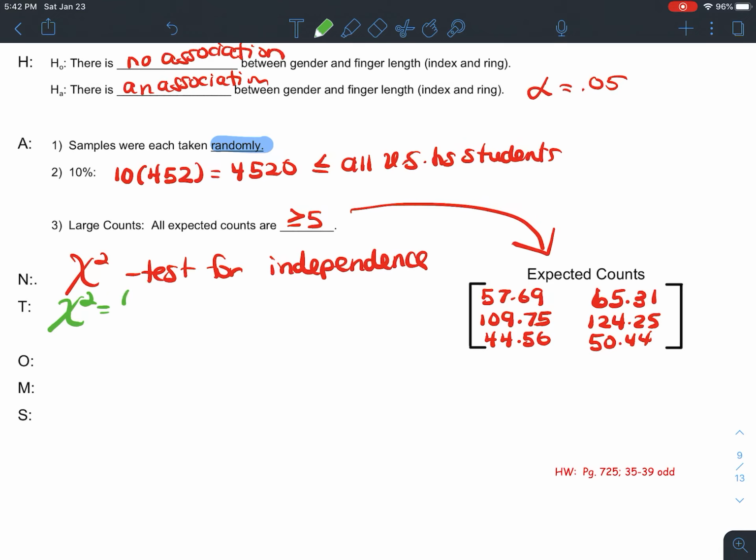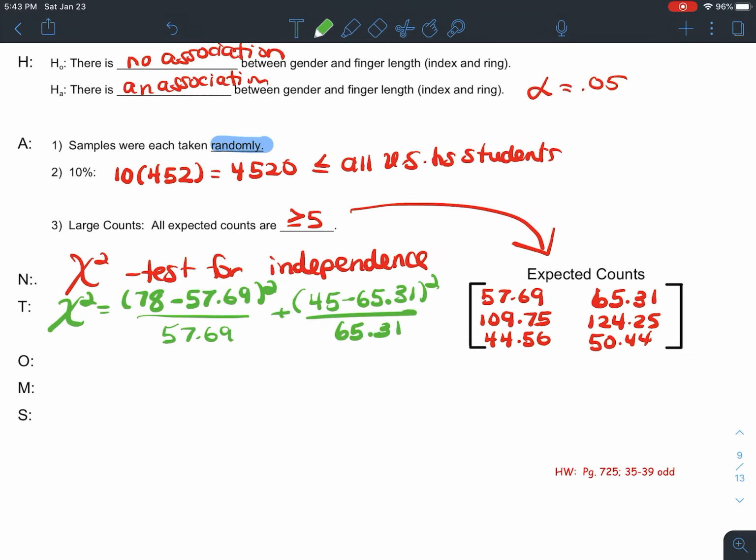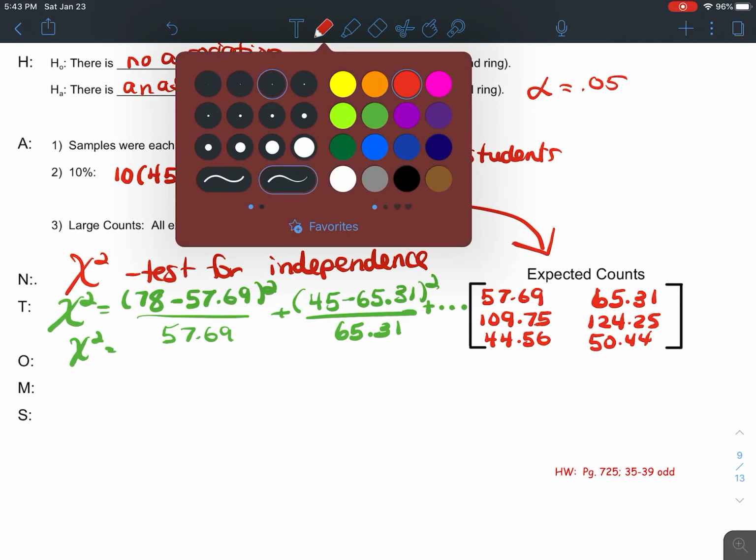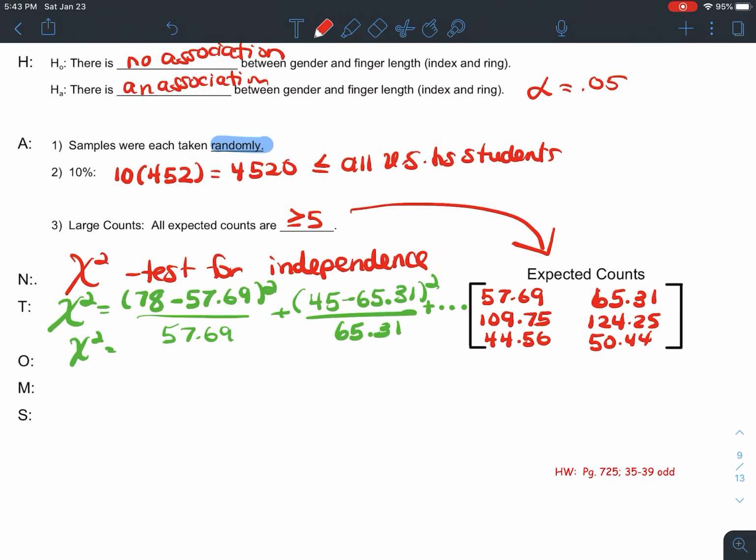I'm going to draft just the first couple calculations here: observed minus expected divided by expected. But I'm really going to run this on my calculator. I would put the observed counts into matrix A, put the expected counts into matrix B, and then run the chi-square test.